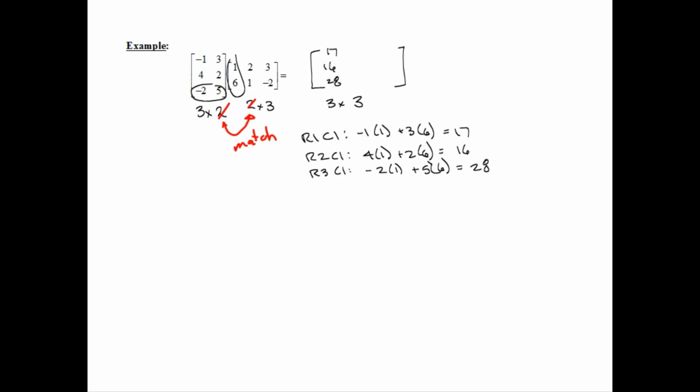And then for the next batch, you're going to need to do the different rows with the second column. So when we do column 2, here we go. If we do the first row with column 2, we're going to get negative 1 times 2, which gives me negative 2, plus 3 times 1, so that gives me negative 2 plus 3, which is 1.